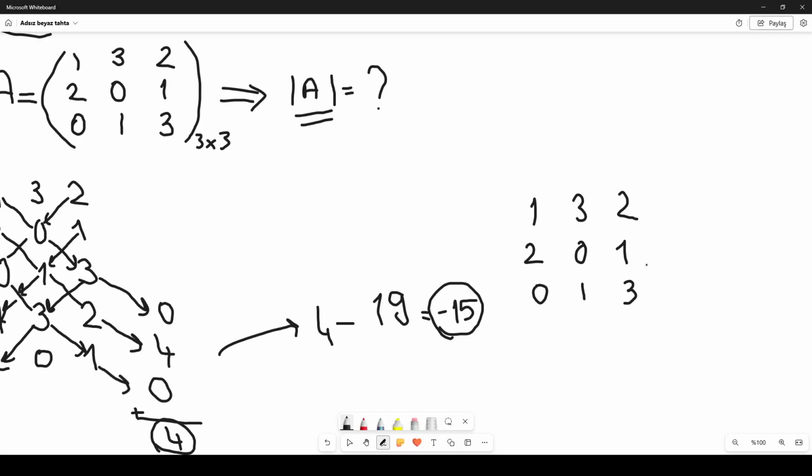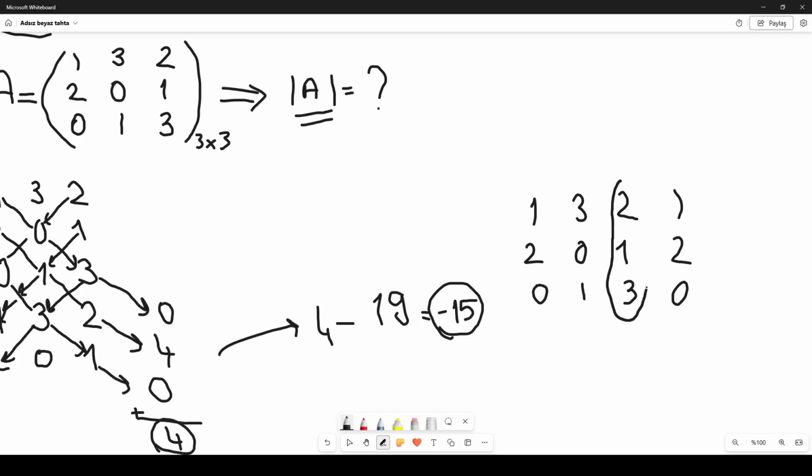This time I do not expand the rows, but I expand the columns, the first two columns. In other words, I take the first column and the second column, and then I expand this matrix to the right. So here is the first column: 1, 2, 0, to the right of the last column.